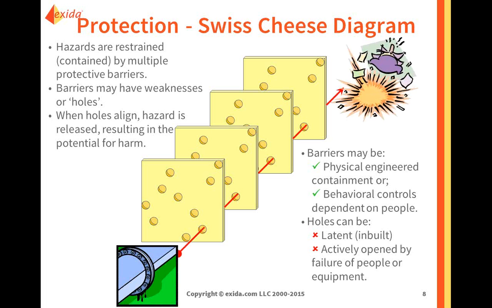They aren't perfect. And when those holes align, a leak, as illustrated here, could result in a problem. So we need to make sure that the barriers are adequately implemented, but the holes could be problems with the barriers themselves, or an incorrect human action.